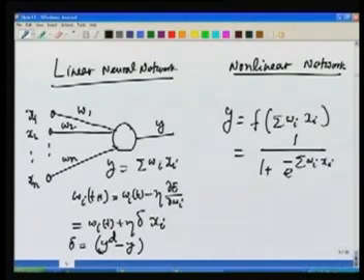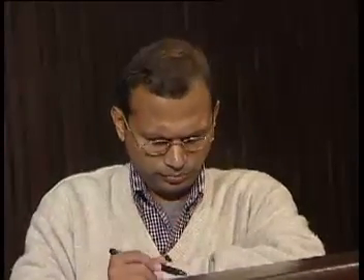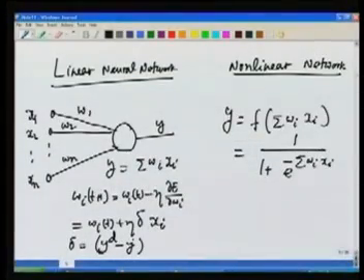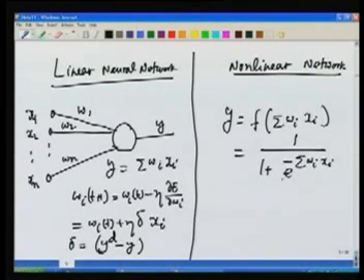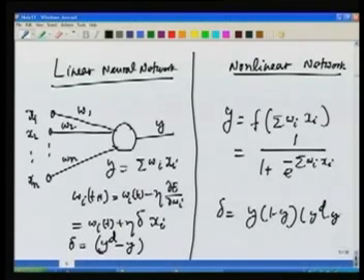So, we are only considering instantaneous update because mostly in control systems we will deal with real time implementation, and real time implementation means instantaneous update, we cannot do batch update. So, that is why we will henceforward only consider the instantaneous update, and for this delta equal to y d minus y when it is linear, and you can compute the same thing for the nonlinear network, and you get delta is y into 1 minus y into y d minus y.